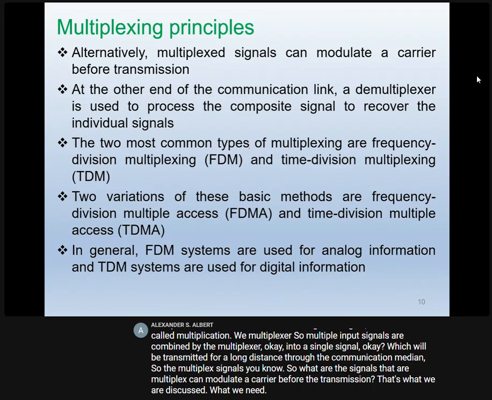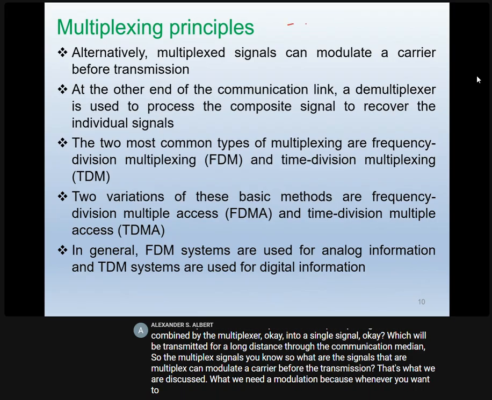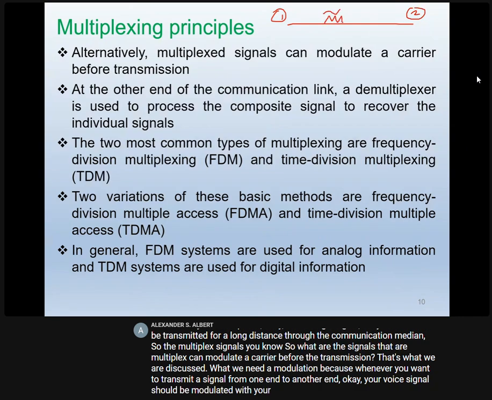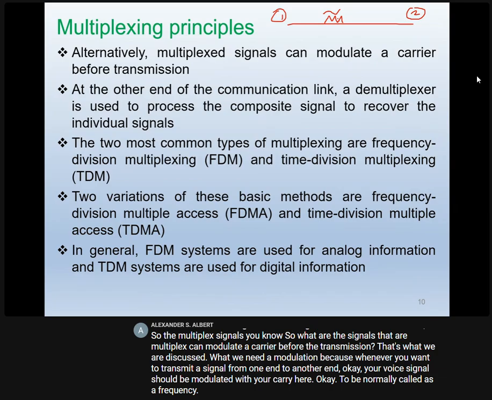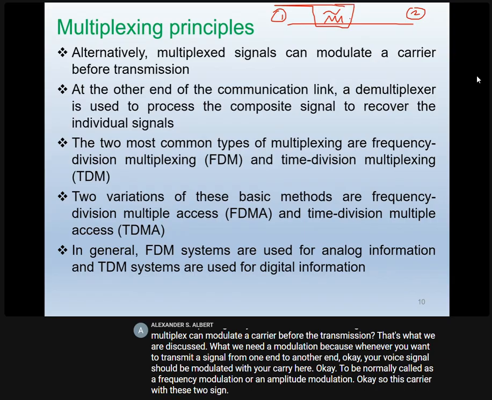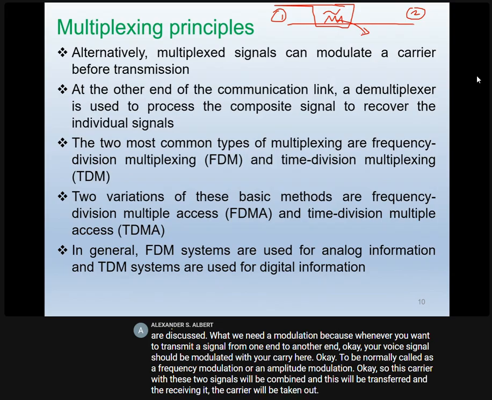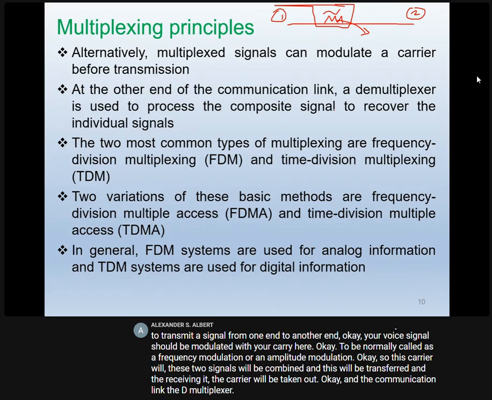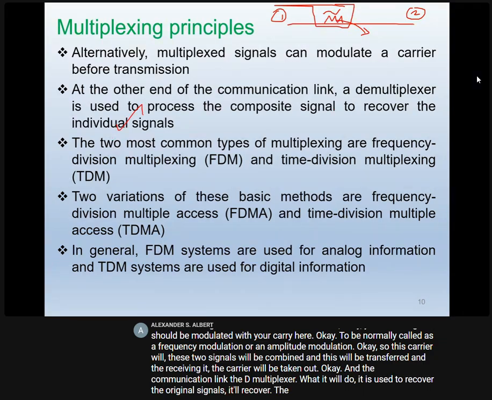We need modulation because whenever you want to transmit a signal from one end to another, your voice signal should be modulated with a carrier, normally called frequency modulation or amplitude modulation. These two signals are combined and transferred, and at the receiving end the carrier is taken out. On the communication link, the demultiplexer is used to recover the original, individual signals.